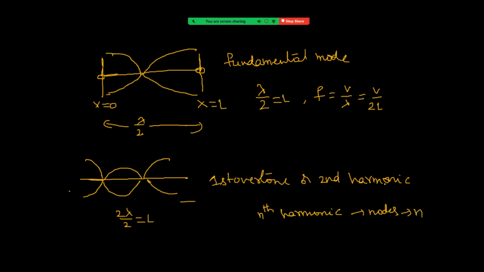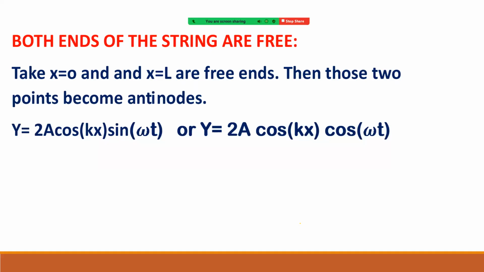Check once. First one, one node. Second one, two nodes, right? Nth harmonic, n nodes. And coming to antinodes, n plus 1. If you see the first one, we have two antinodes. Second one, three antinodes, right? See nodes for this.